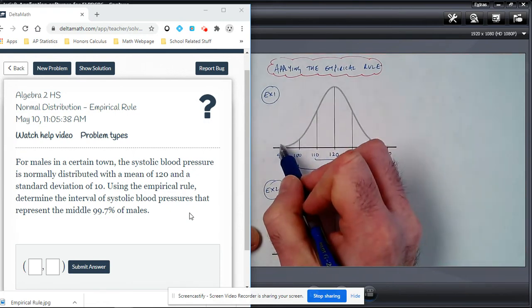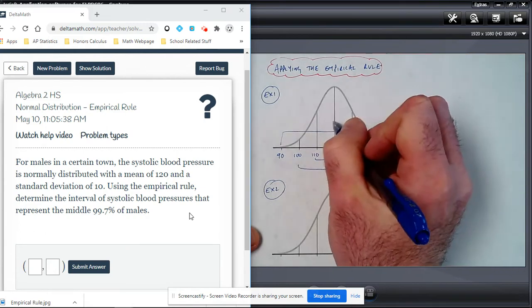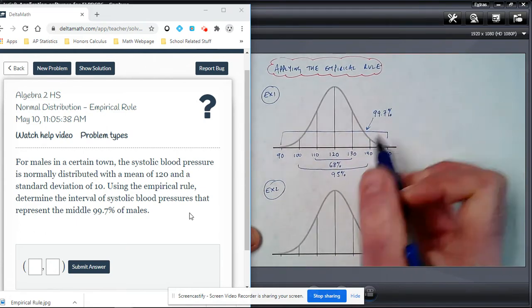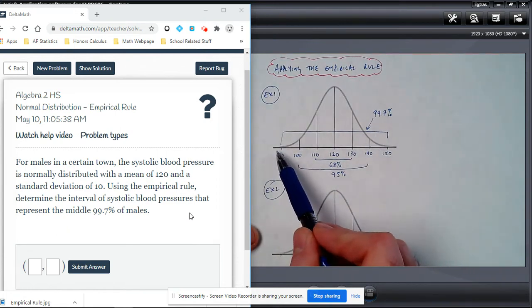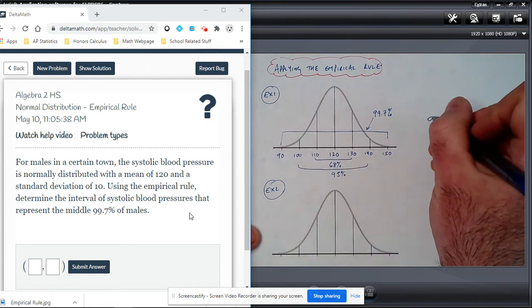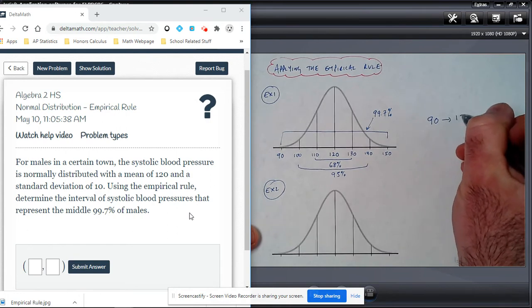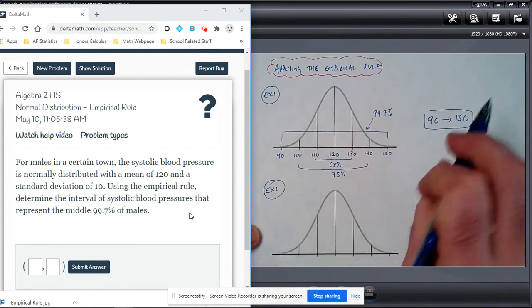And remember, for 3 standard deviations, that's going to be the 99.7%. So it looks like 99.7%, that's almost all of the people, are going to have a systolic blood pressure from 90 to 150. So between 90 and 150. So that would be our range right there.